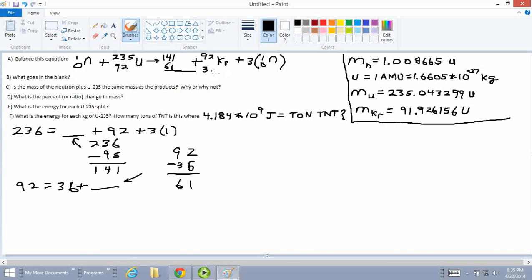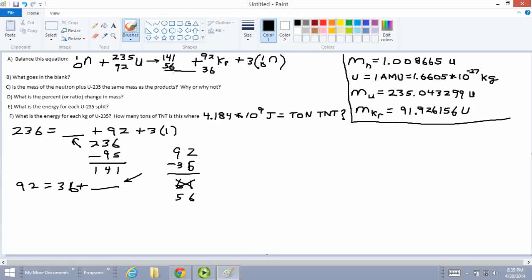The atomic number of krypton is 36, and the nucleon number for this isotope is 92. 92 minus 36 is not 61. It is 56. So what goes in this blank is not 61. It is 56.